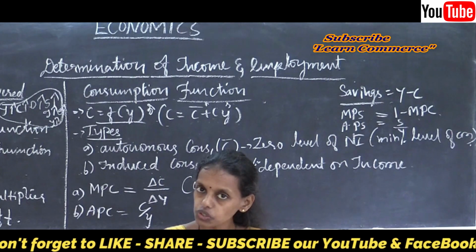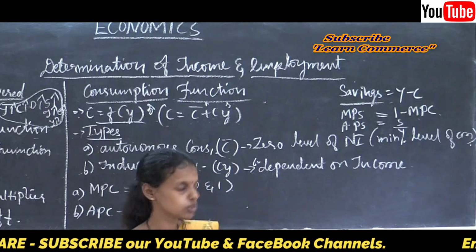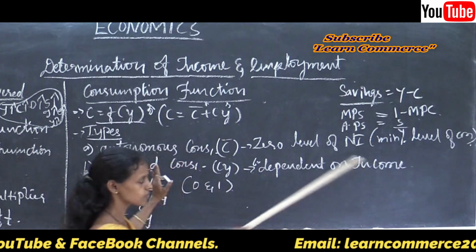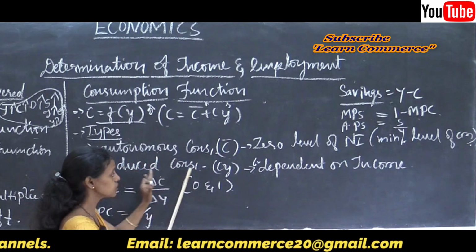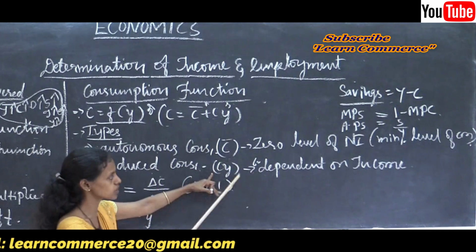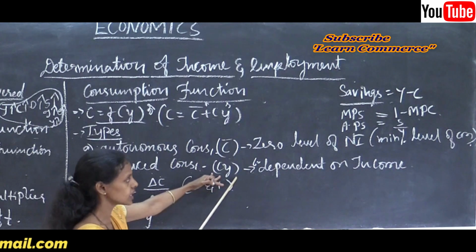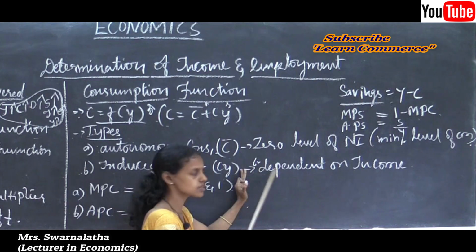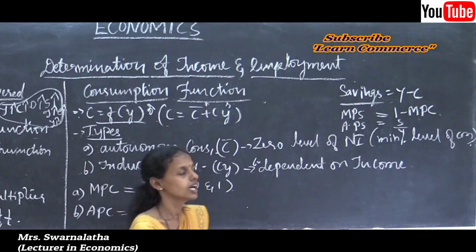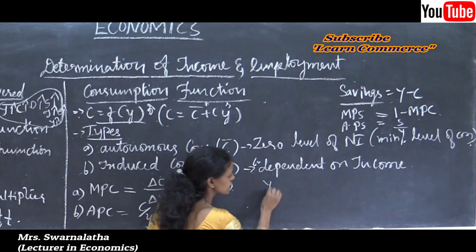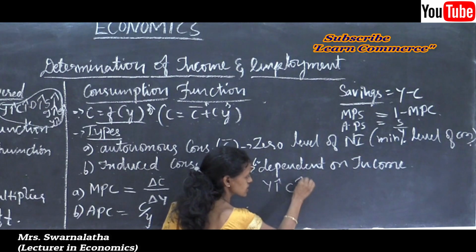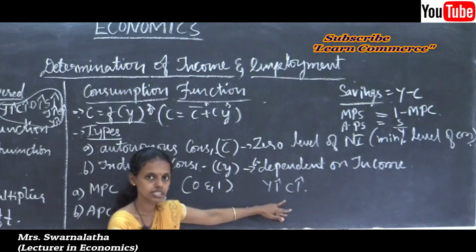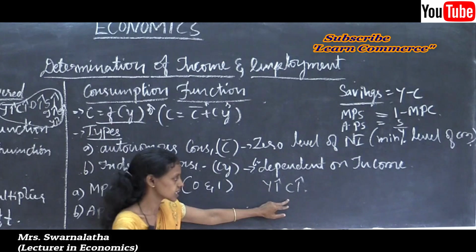They consume whatever their requirement, the minimum level of consumption. But induced consumption is different from autonomous consumption. Induced consumption is consumption dependent on income. It means when the income increases, consumption increases.